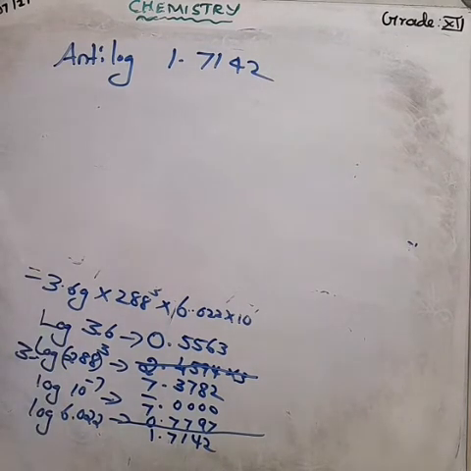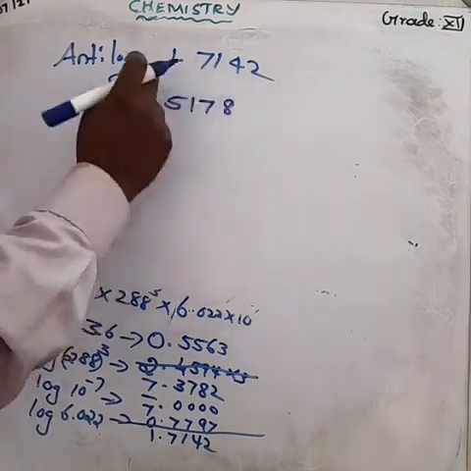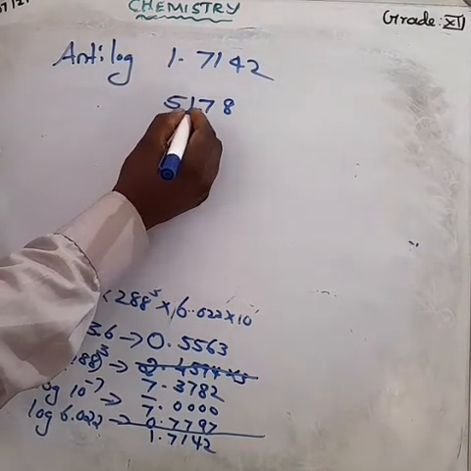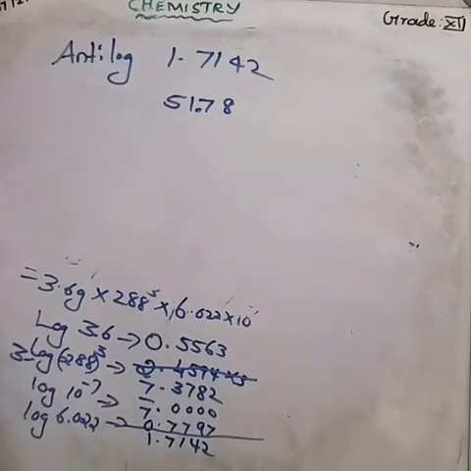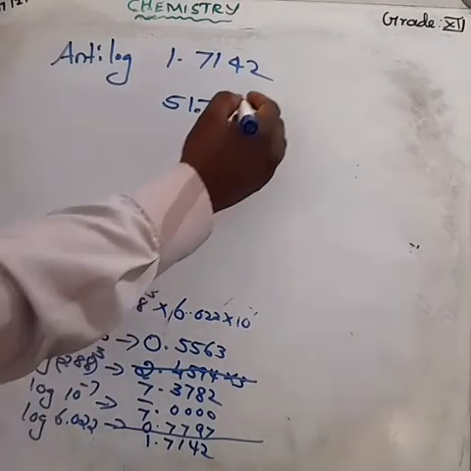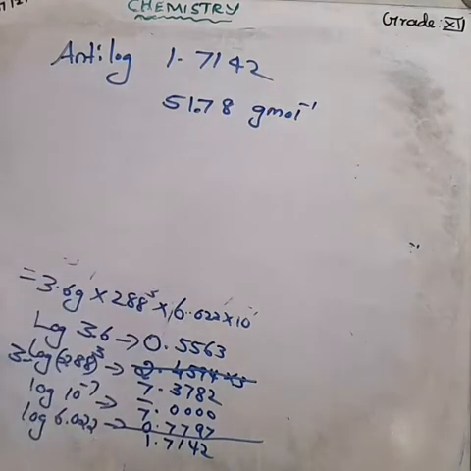So we get the value 5178. Make it a 2 digit number and then mention the dot. So we get the answer 51.78 gram mole inverse. That is the molecular mass.